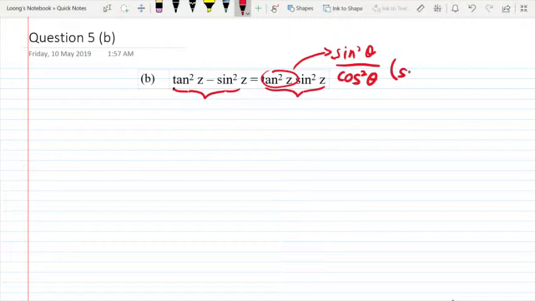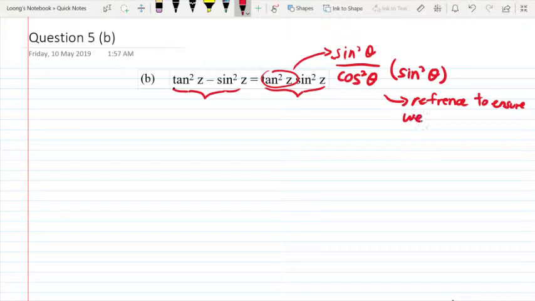This could be used as a reference for us to ensure that we are on the right track. And this is quite a huge tip.